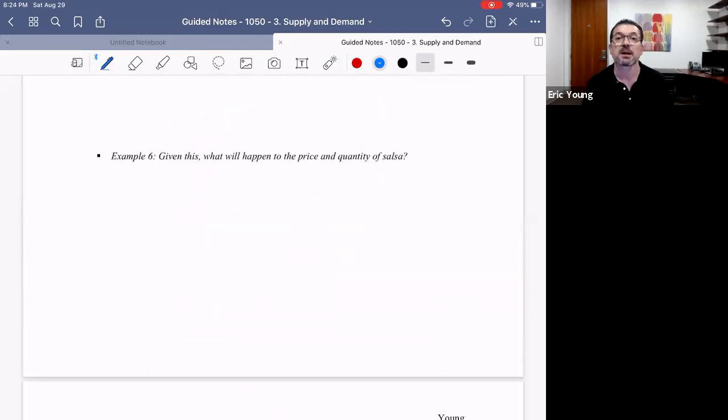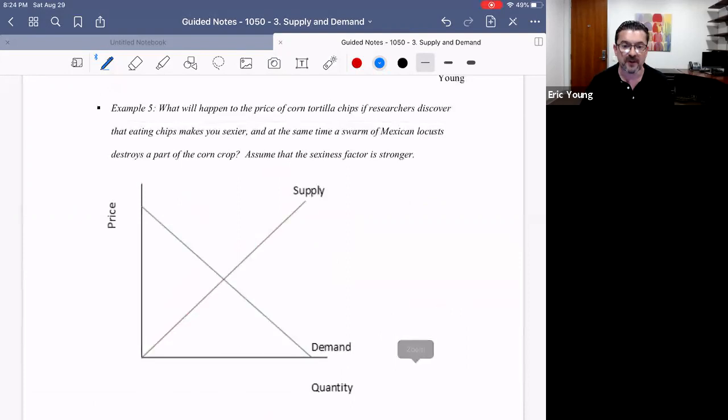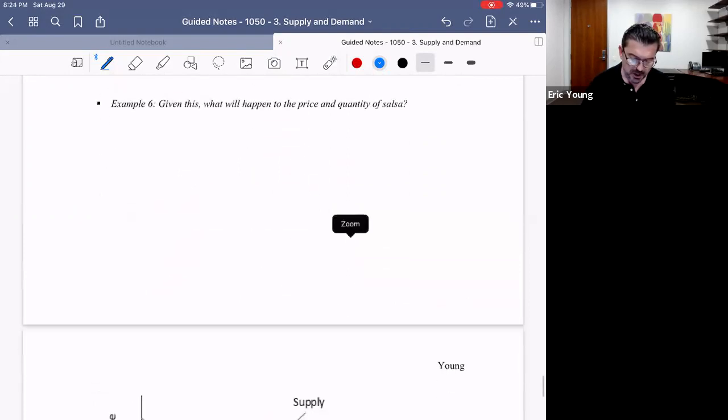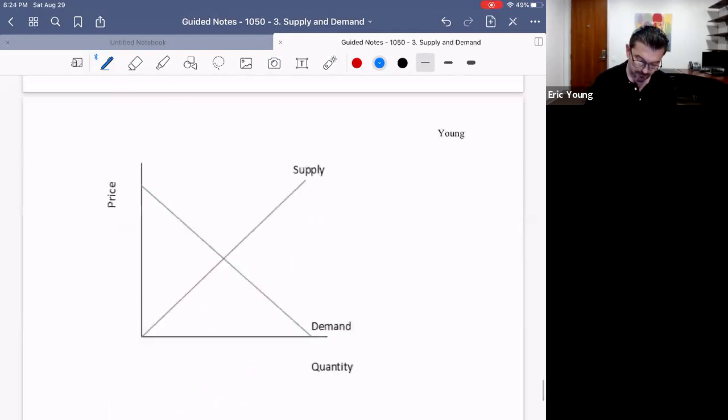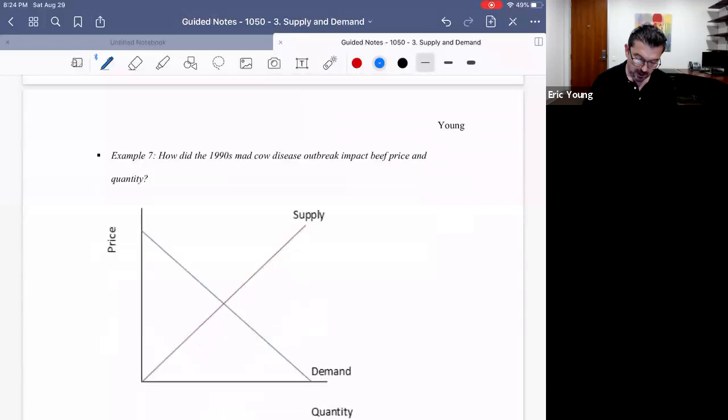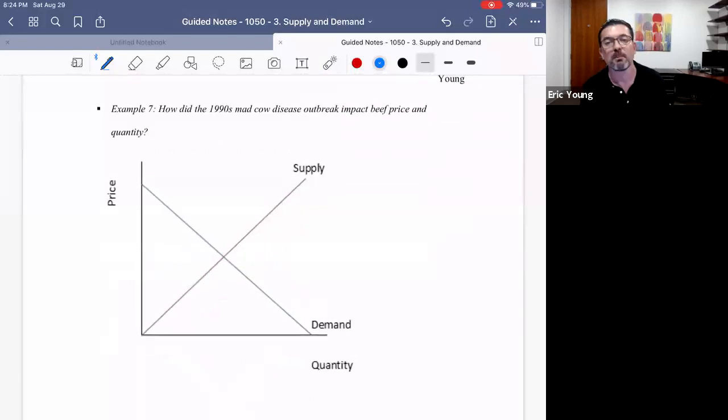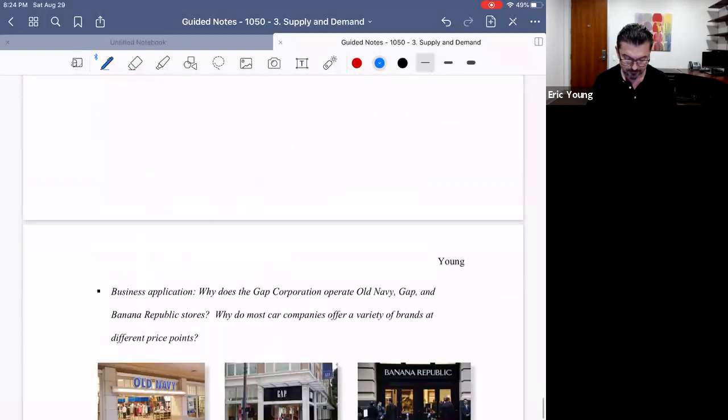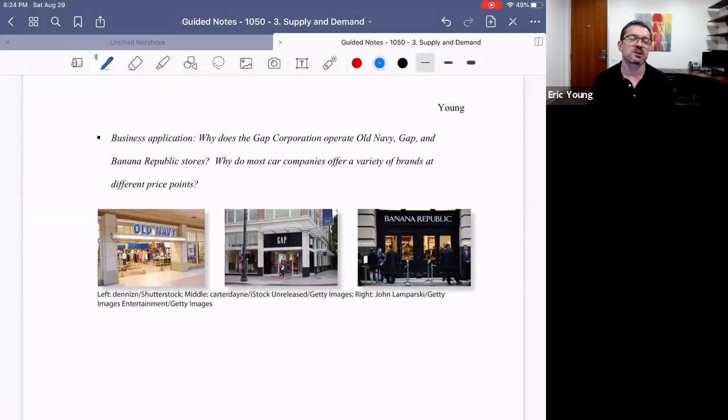Example number 6, based on your answer to number 5, what do you predict would happen to the price and quantity of salsa in the salsa market? Example number 7, in the 1990s, how did the outbreak of mad cow disease impact beef prices and quantities in the global beef market?